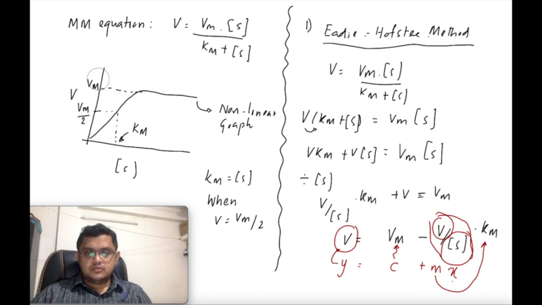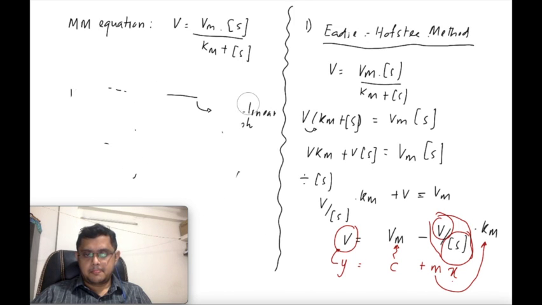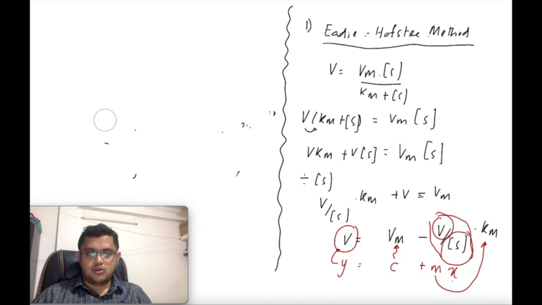So let me erase this and draw a graph based on these values. What is the y-axis here? The y-axis is going to be V. What is the x-axis?